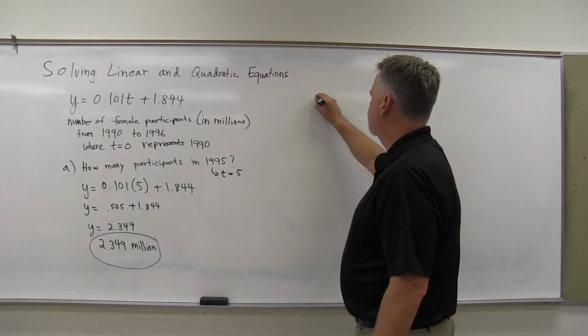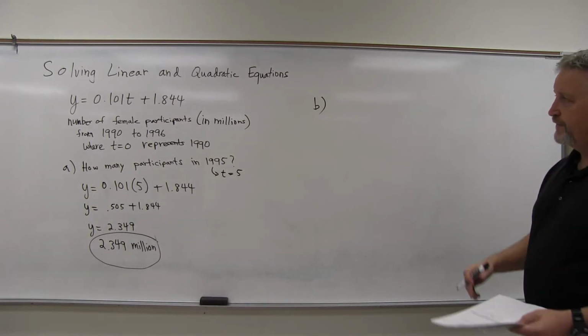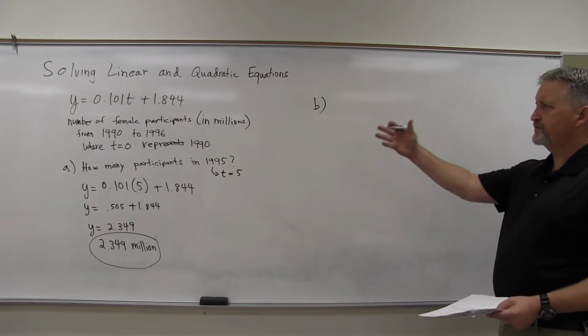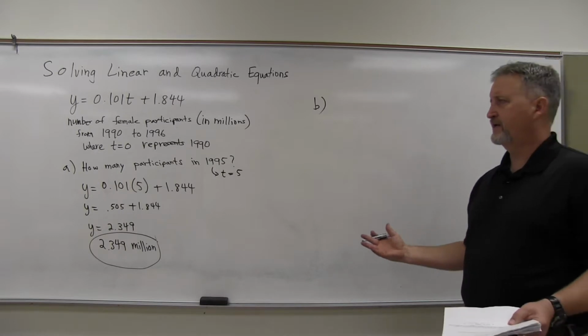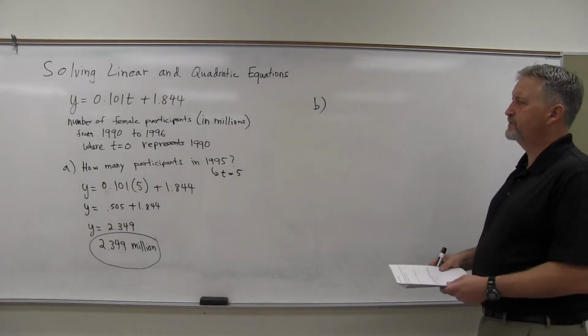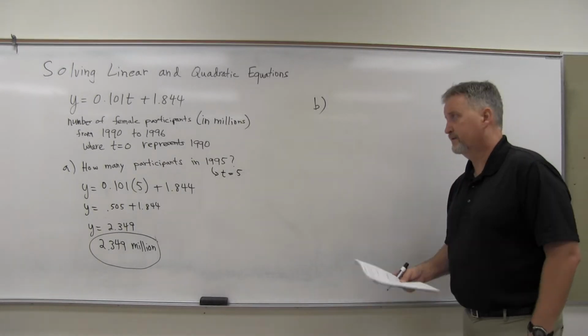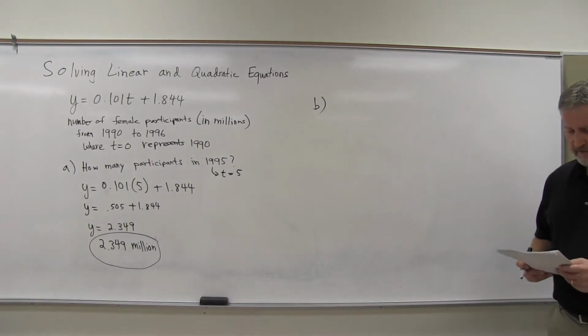Now, the second part, part B. If this linear model continues, this was generated off 1990 to 1996, but let's say the pattern continues, the model continues on similarly, we're going to use the same values there.